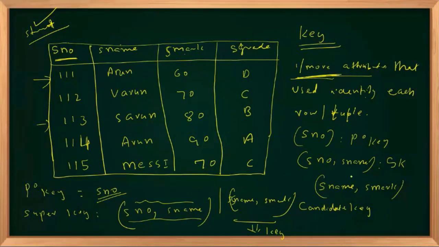Apart from the super key, all are called candidate keys, also known as alternate keys.